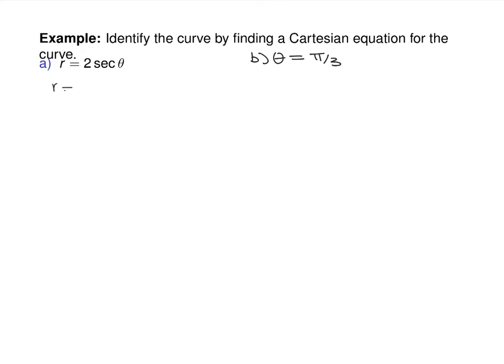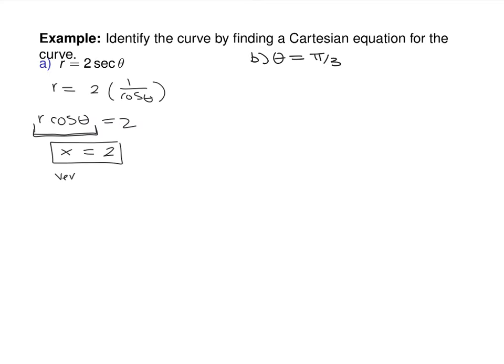First, you notice that r is 2 times 1 over cosine of theta, since secant is 1 over cosine. Multiply the cosine over, and r cosine of theta equals 2. And if you look at our conversion formulas, r cosine theta is actually just x. So r equals 2 secant theta is a vertical line of x equals 2.